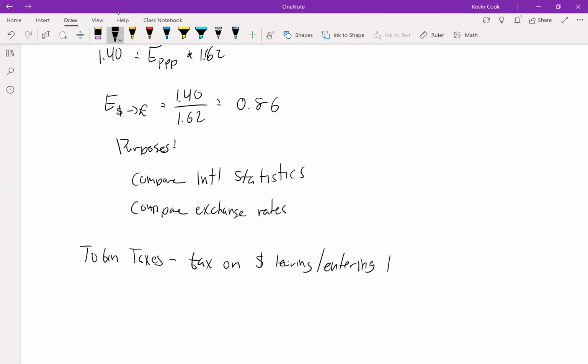And again, the goal of this is going to be to limit or reduce the movements, limit our international financial capital inflows and outflows.